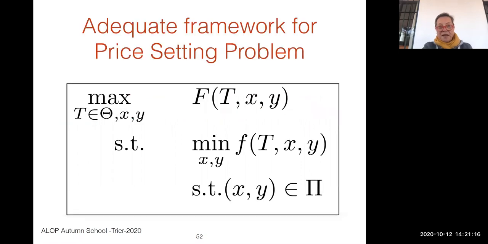So price setting, as I explained already, is the following. In the first level, you have a leader who wants to optimize, let's say, revenue or profit, and for which he determines a vector of prices. And then in the second level, you have one or several followers. Each one wants to minimize the price he has to pay for doing something.